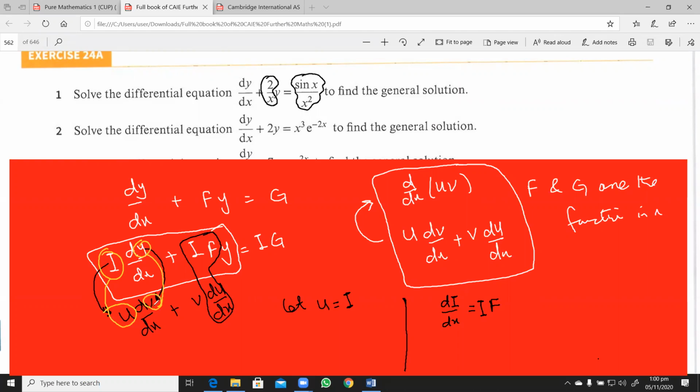Before this, you must know why am I comparing all of this with u dv by dx plus v du by dx. Are you clear? Why am I comparing them? Because we want to go back to this step and write this as a product over here.